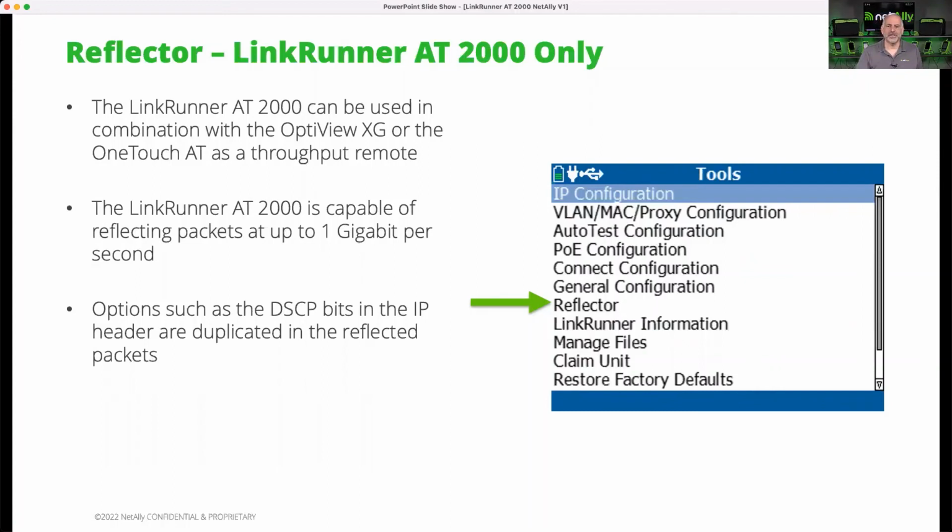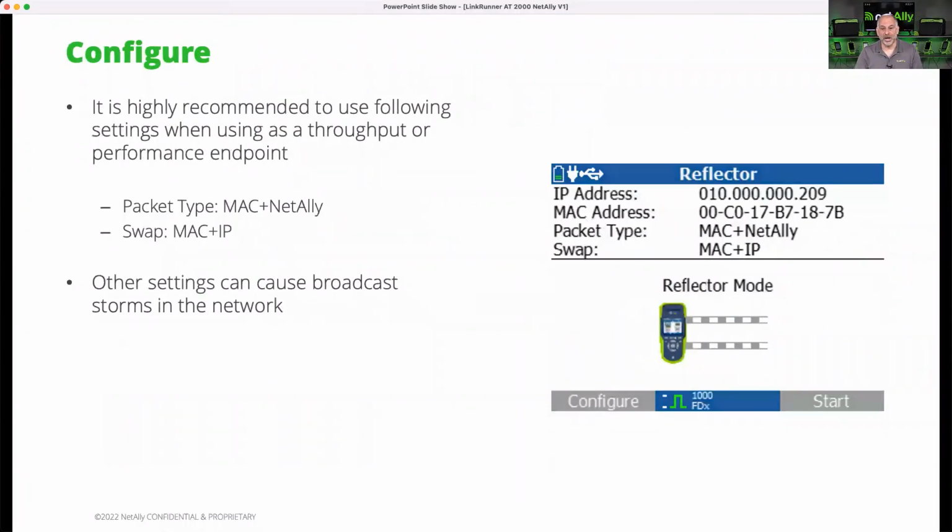So if I put this into reflector mode, it's going to receive the packets from the Etherscope NXG, flip them around, and send them right back the other way. So if I go into Tools and select Reflector, I get this screen right here.